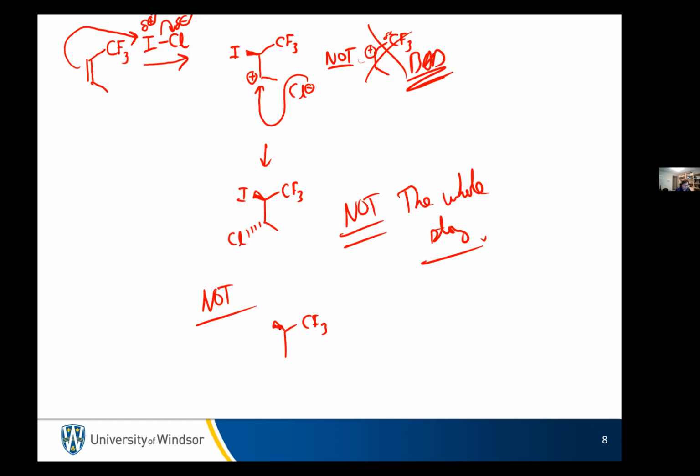You do not get that molecule. So chlorine is coming in from one side of this molecule and not the other. And next class, we're going to take up why that happens. So we're going to pick up right where we left off right here.